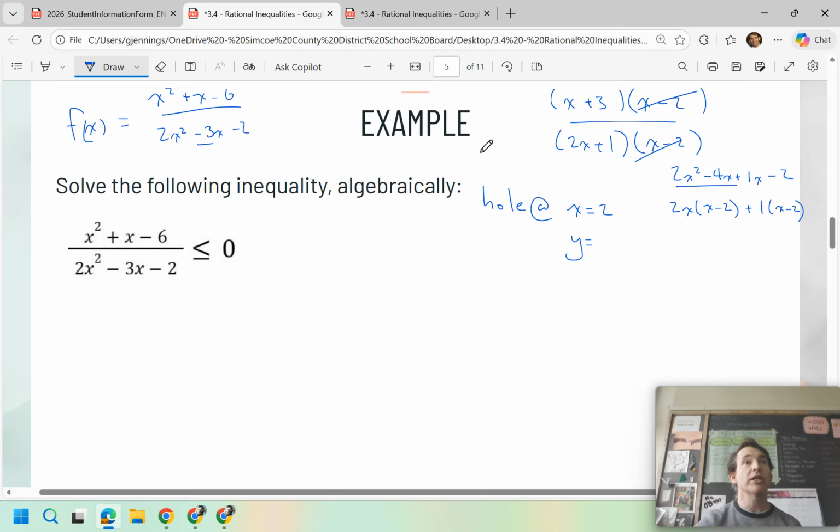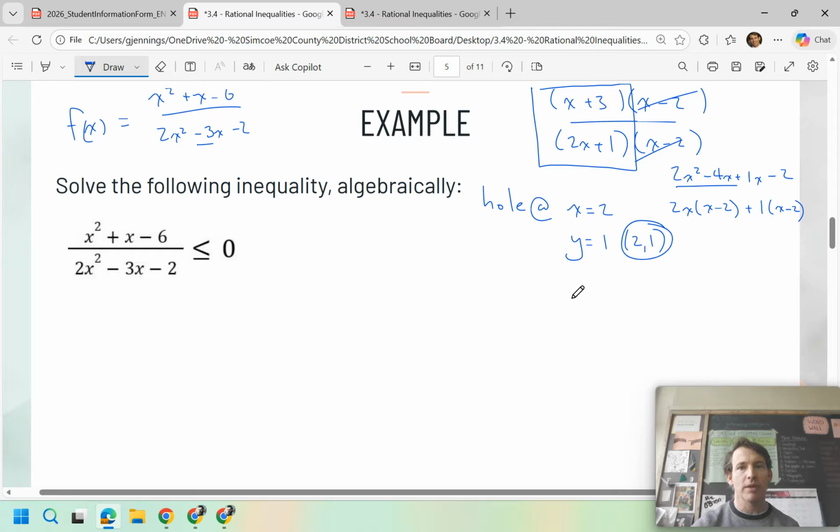Yeah, you plug it into which expression? Yeah, plug it into the factored expression with the canceled factors, because if you plug it into the one that still has the canceled factor, you're just going to get 0 over 0. So when we do that, we get 2 plus 3 on top and 2 times 2 plus 1 on the bottom. That's 5 over 5. That's 1. So we have a hole at (2, 1). Cool. That's an important point.